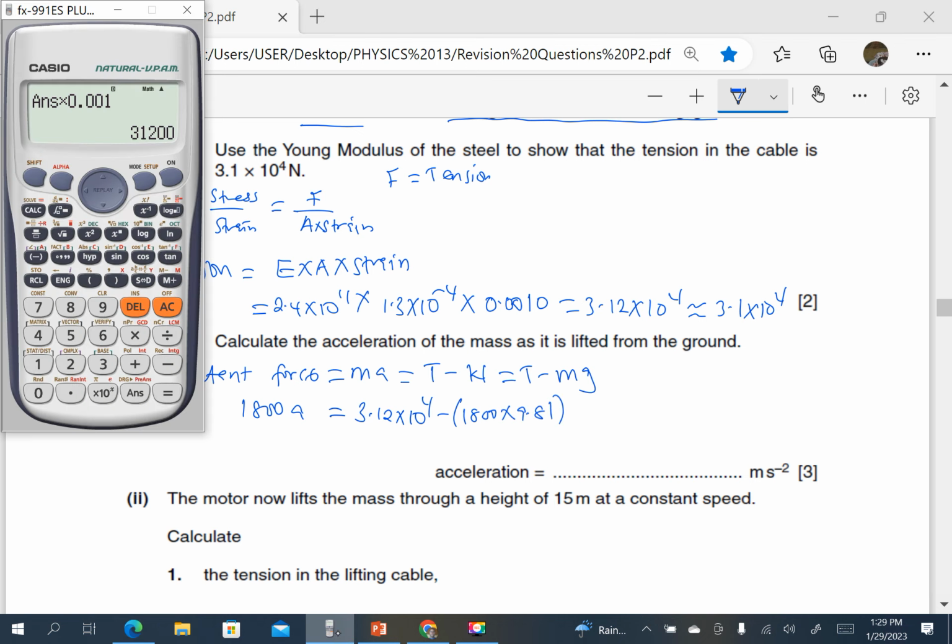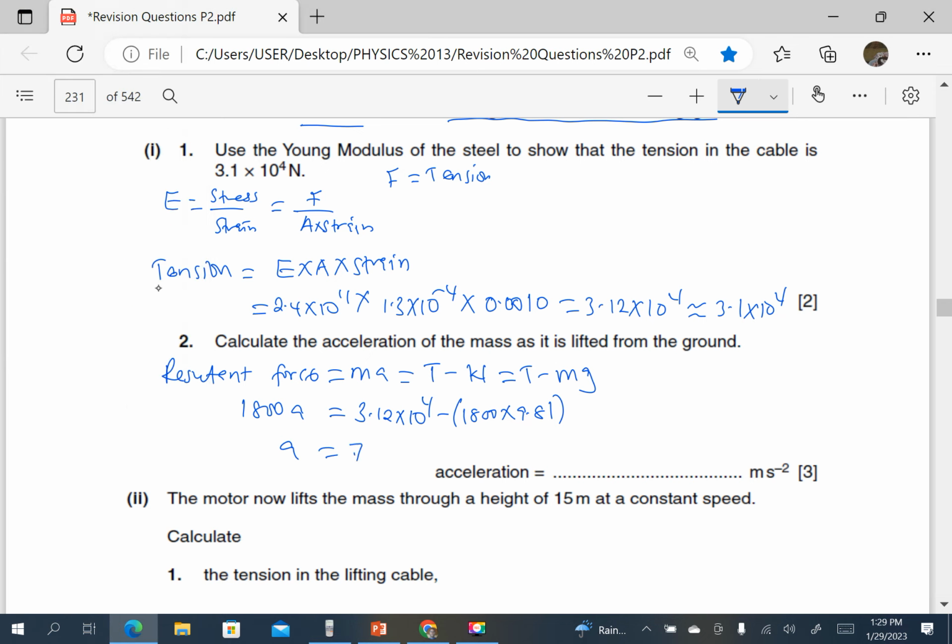I'll just press my calculator. That answer minus, open brackets, 1800 times 9.81. Divide by 1800 to get the acceleration at 7.52. So a is 7.52.